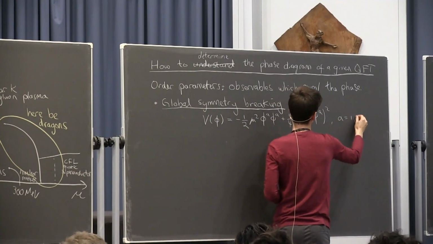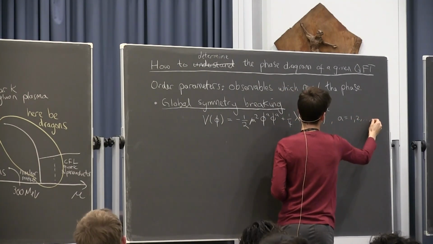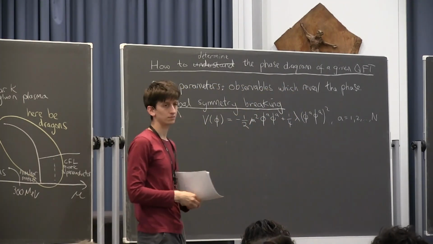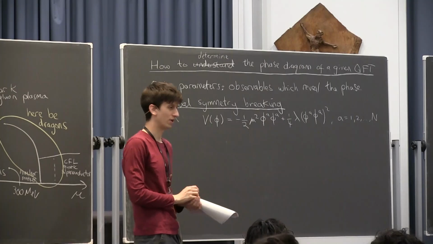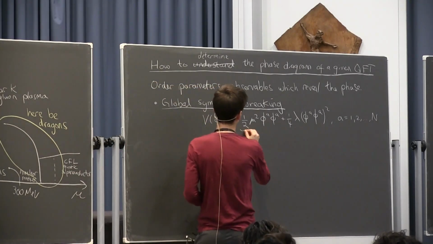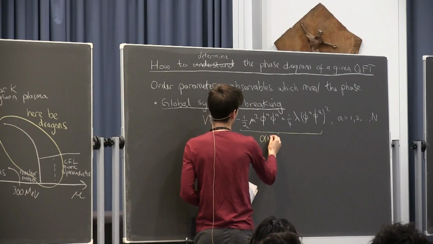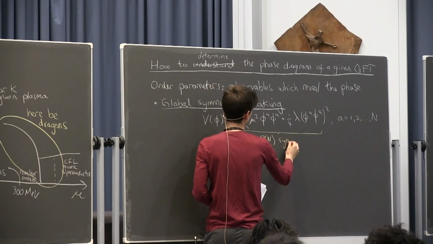And a is 1, 2 to n. So this potential, let's say we have a model, a QFT, with this potential has an O(n) symmetry.